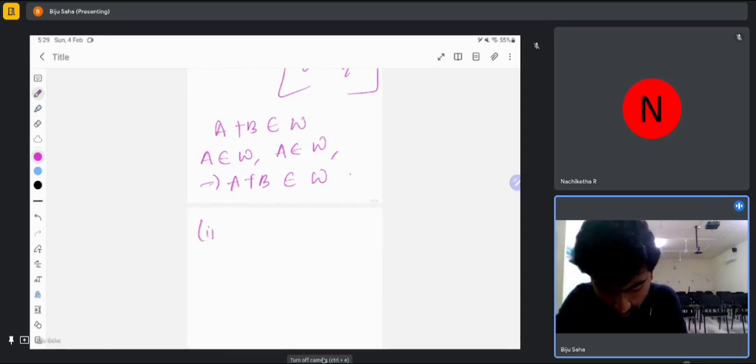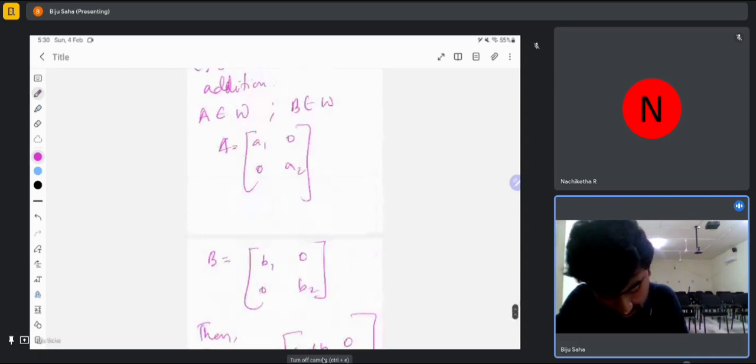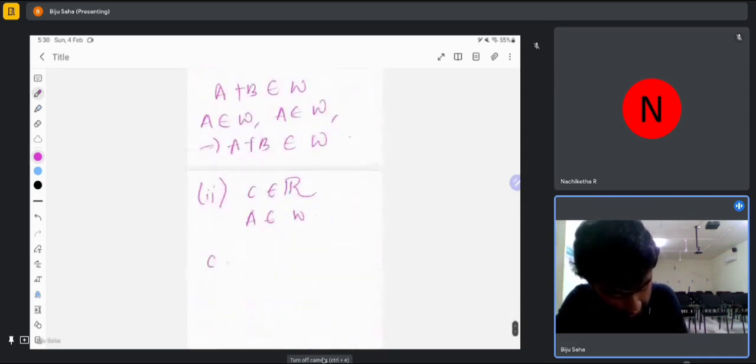Now the second property: is it closed under scalar multiplication? Let's take a scalar C from the real field and a matrix A from the subset. Since A belongs to W, A has the diagonal form. Let's see whether C cross A belongs to W or not.